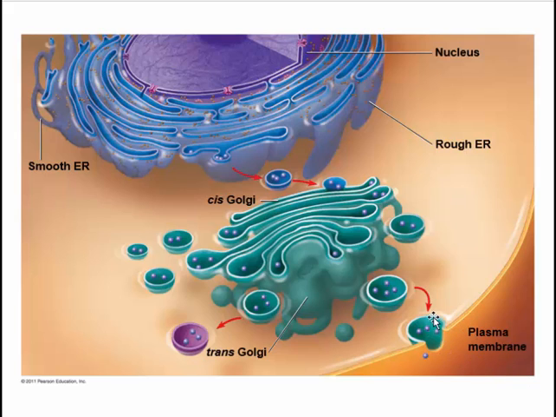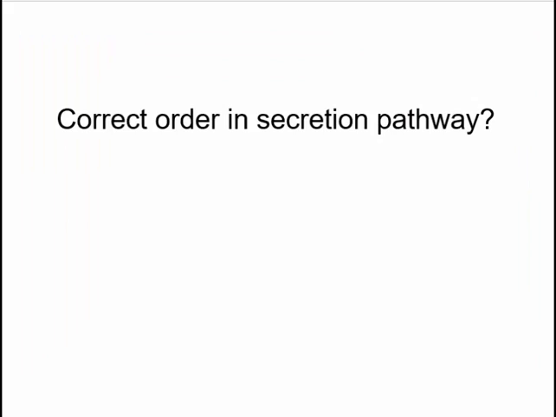If these were proteins that needed to end up in the cell membrane, they would already be embedded in this transport vesicle membrane. And when this fuses with the plasma membrane, then that just becomes the outside of the cell. So that's how this endomembrane trafficking works. All right, so given the choices in this question, what's the correct order in the secretion pathway?